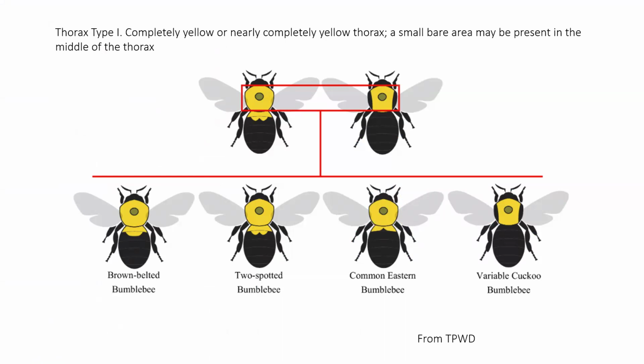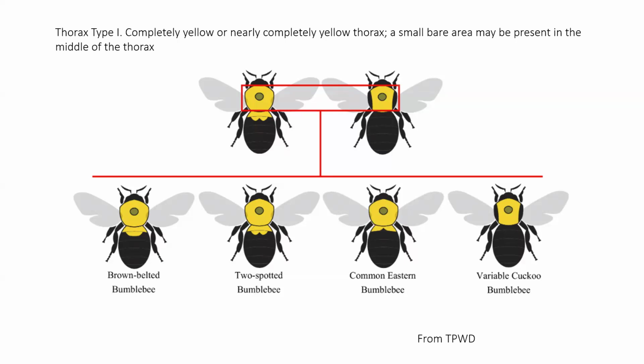If you have a completely yellow thorax or almost completely yellow thorax, then you're going to split it out into these. So then you start looking at the abdomen section. You can see the left hand be there, completely yellow thorax.